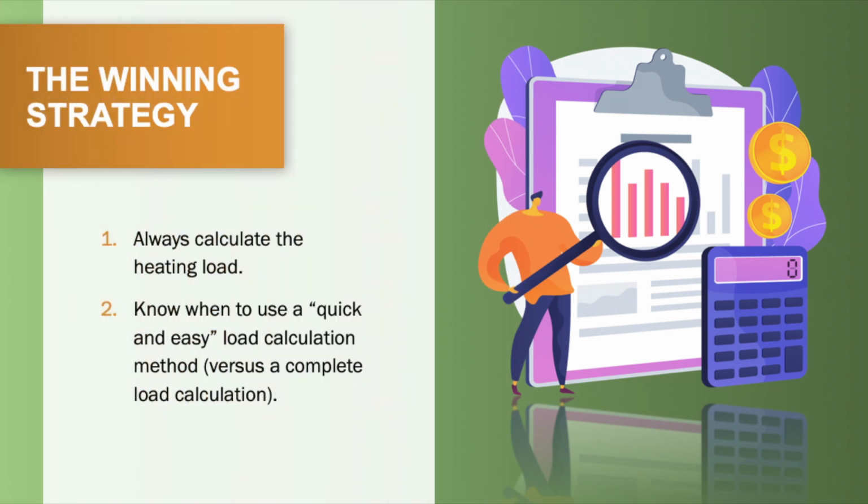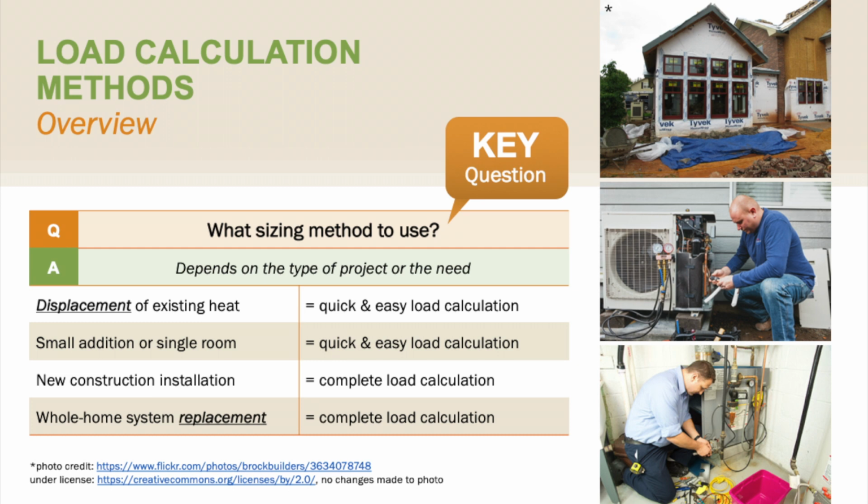With this in mind, the winning strategy involves always making a calculation to determine the heating requirement. Then, knowing when a quick and easy load calculation will suffice or when a complete load calculation is required. What are the times when a quick and easy load calculation will suffice?